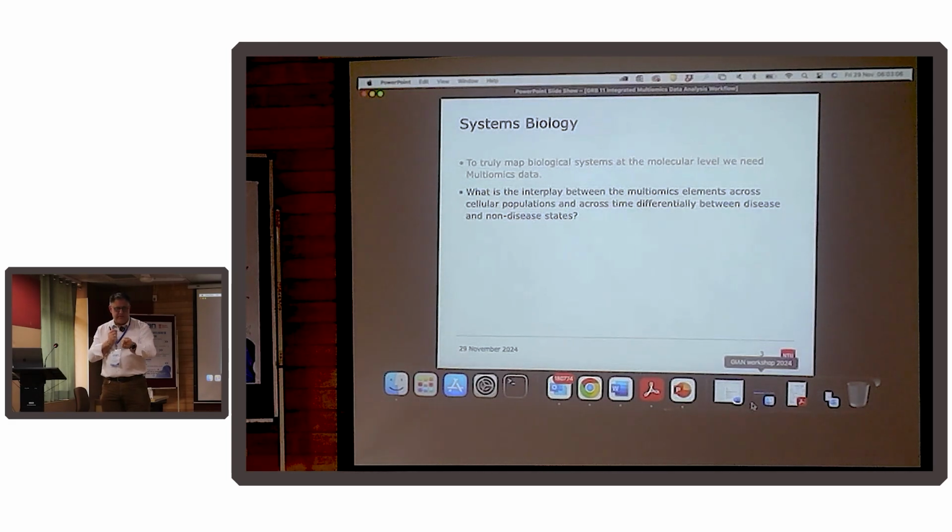How are they interacting across cellular populations, across time, and differentially between a disease state and a non-disease state? So in an individual, we could look at tissue from a healthy part of an organ versus a diseased part of an organ, assuming there's no field changes.